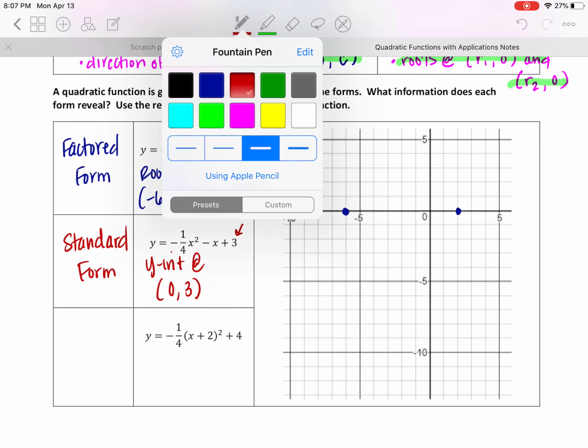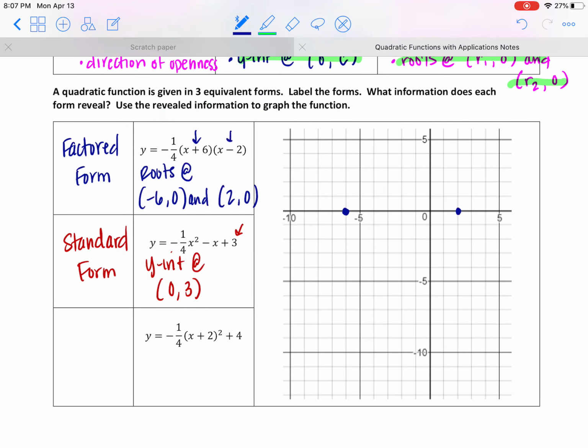So I'm going to graph this y-intercept at 3, which means we're crossing the y-axis at 3. And there's symmetry here, so if I, from this root, can go over and up 3, I can do the same thing from the other root in the opposite direction. So I'm going to go over and up 3 and make that mirror image point.